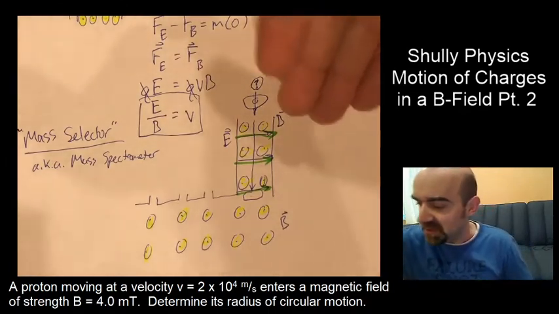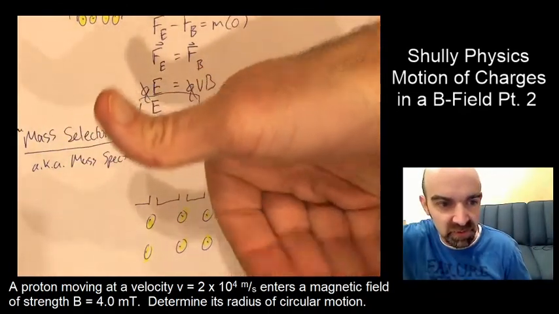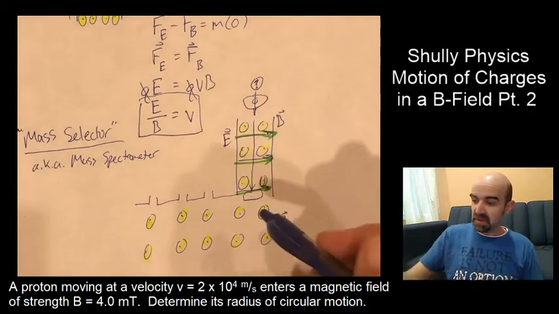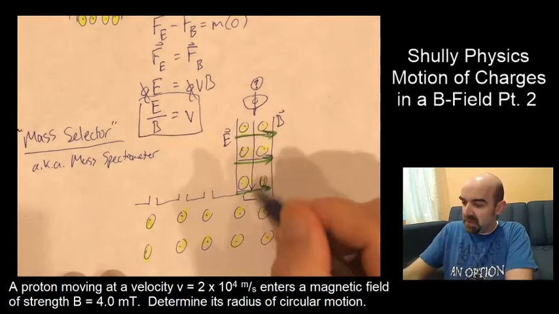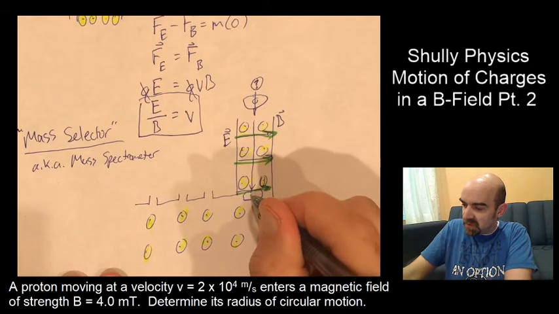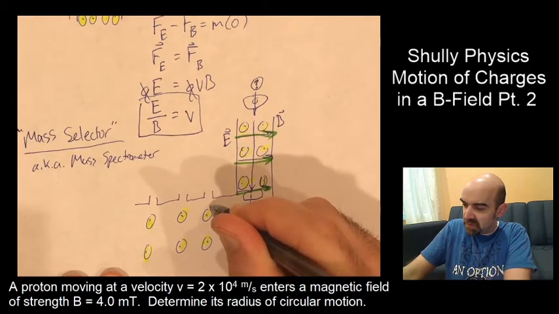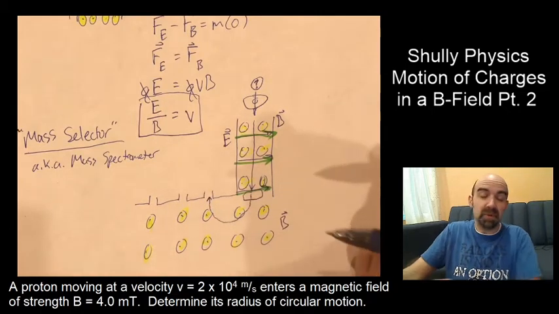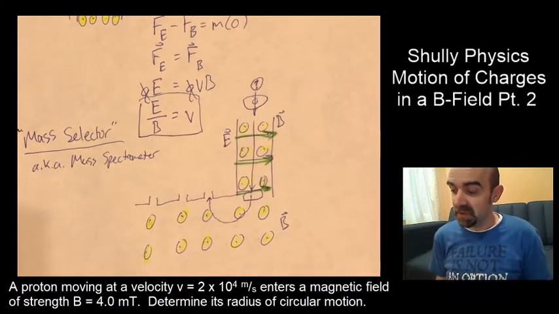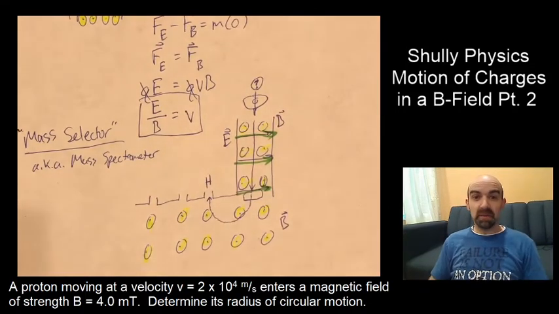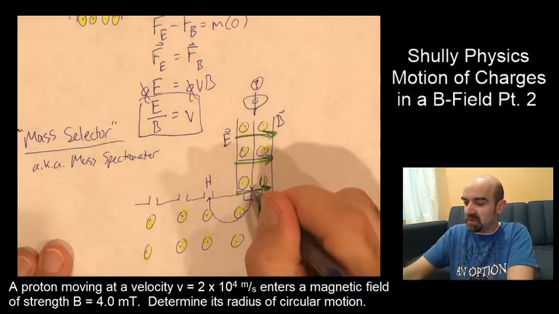So if the velocity is down and the magnetic field is up, then there's going to be a force on a positive charge to our left. Now, if it's just the right kind of particle, say it's a hydrogen, it might end up here. It's our hydrogen. But what if it's a helium moving at the same speed?